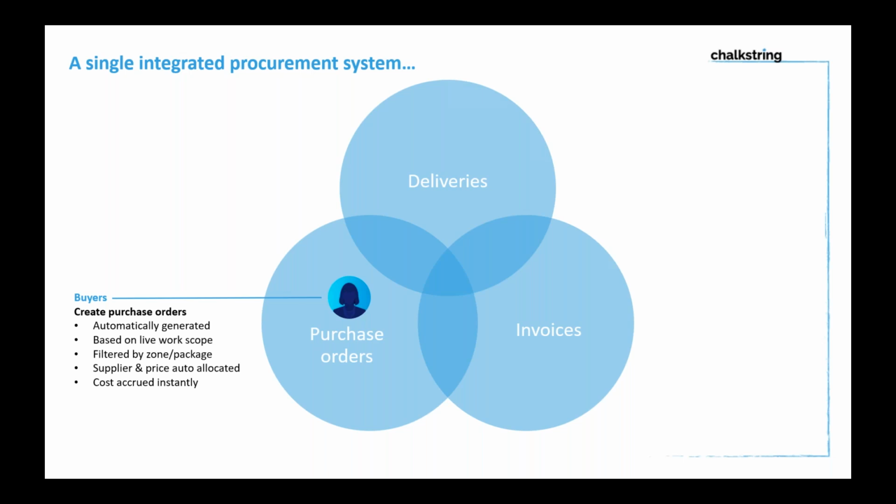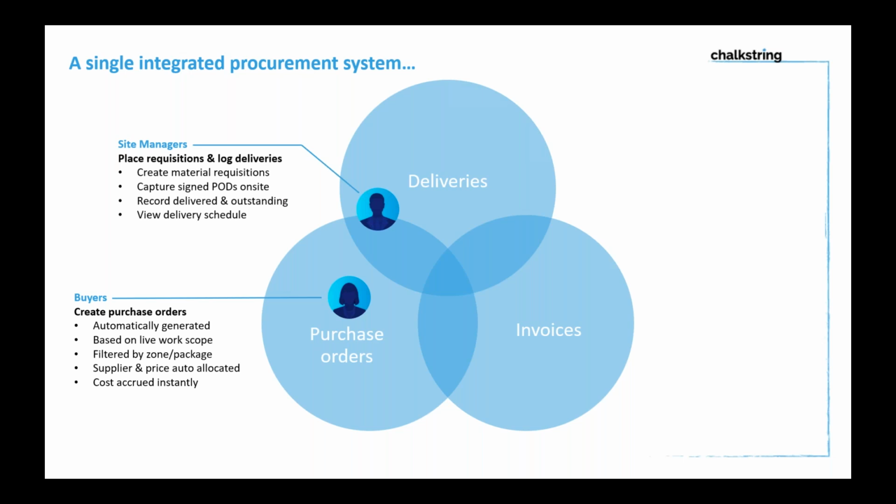Automatically, it applies who the supplier is and the price. So there's no room for error on that side of things. And the cost of that purchase order is instantly accrued into your project. So when your surveyors are doing the project cost reporting at month end, it automatically includes all the accruals of costs instantly. So the buyer has a major part to play, obviously, and they tend to kick off the process.